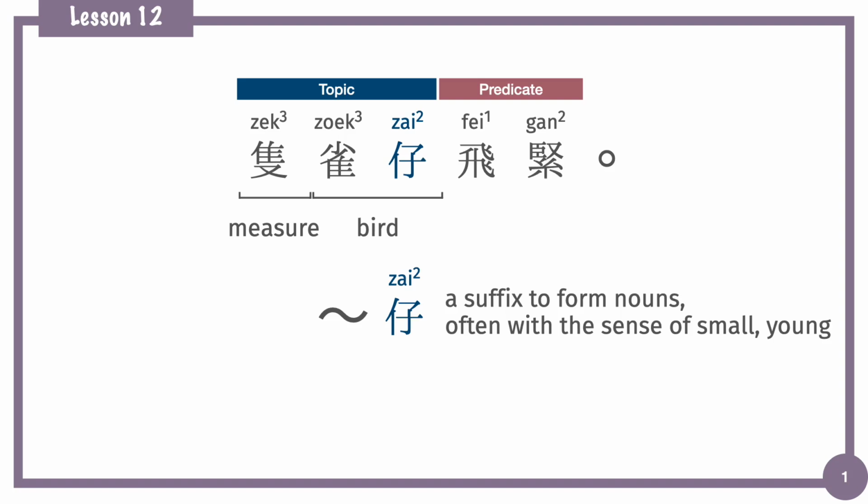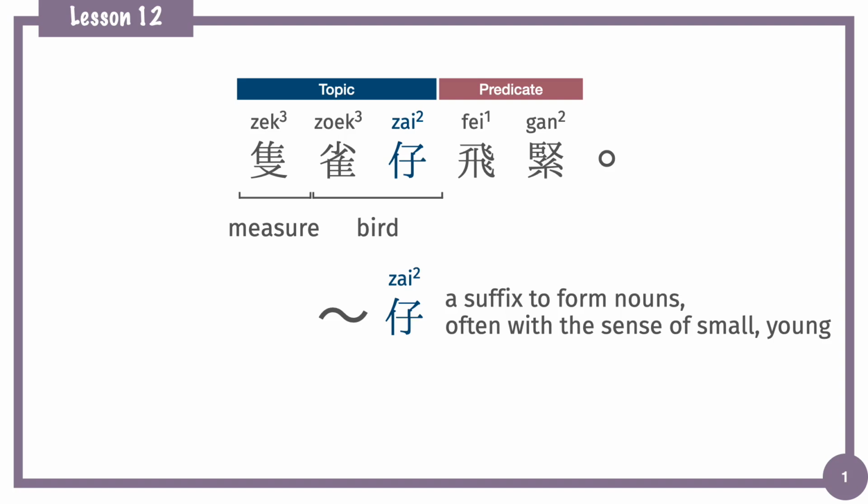But if the animal itself is small and looks cute, even if we add 仔 as the suffix, it still means the animal itself, not the baby version of it, such as bird. 雀 is the character that originally means bird, and 雀仔 also means bird, not the baby bird. 兔 is rabbit. 兔仔 also means rabbit.